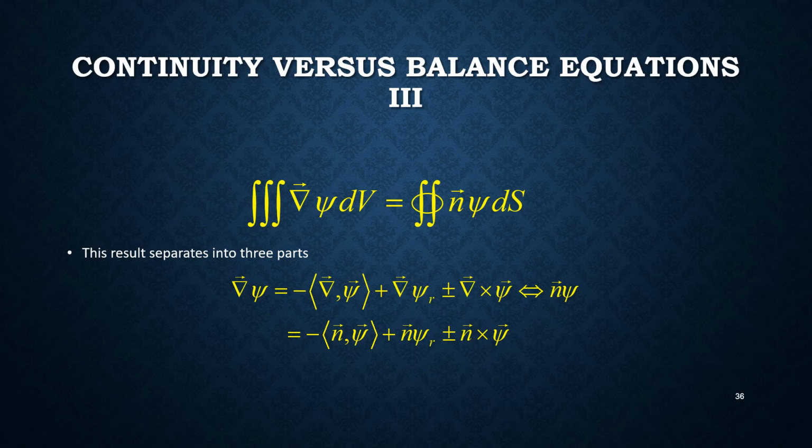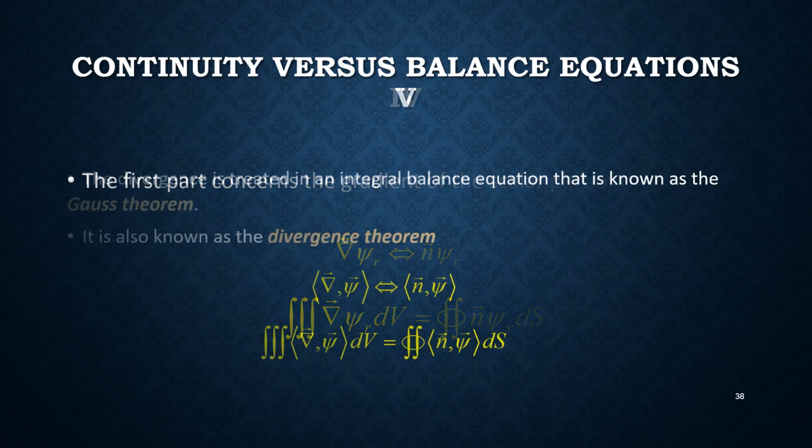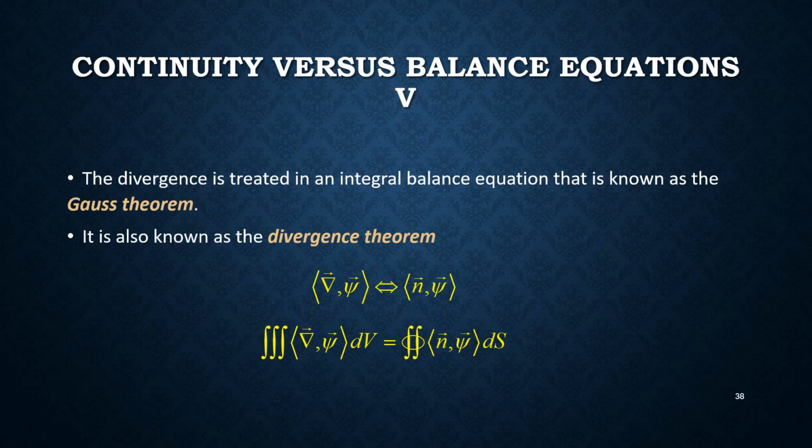This result separates into three parts. The first part concerns the gradient of the scalar part of the field. The divergence is treated in an integral balance equation that is known as the Gauss theorem.